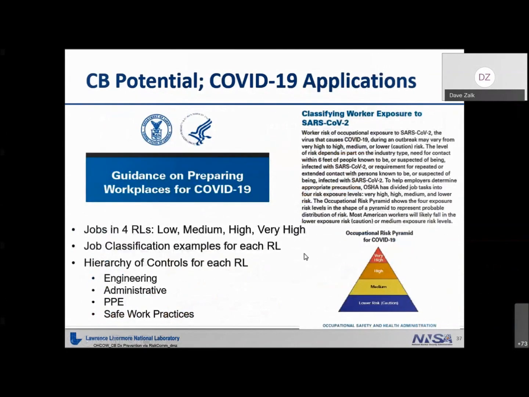I'm very happy to see from the US OSHA that they have also taken the risk communication mindset and the same approach to their workplace preparations for COVID-19 with 4 risk levels. Very good, I love it. And each of the job classifications from that. And that is just a fantastic way of communicating risk and prevention of work-related applications for COVID-19.